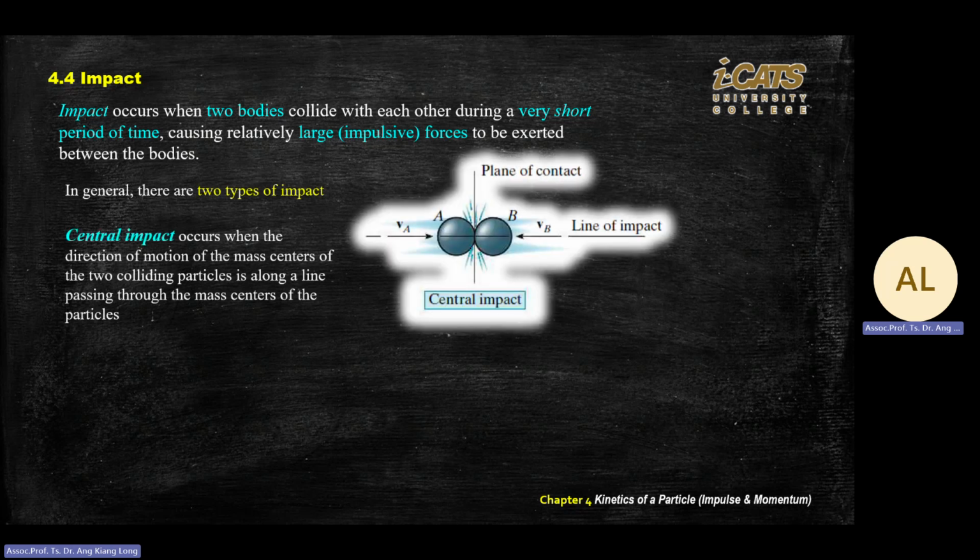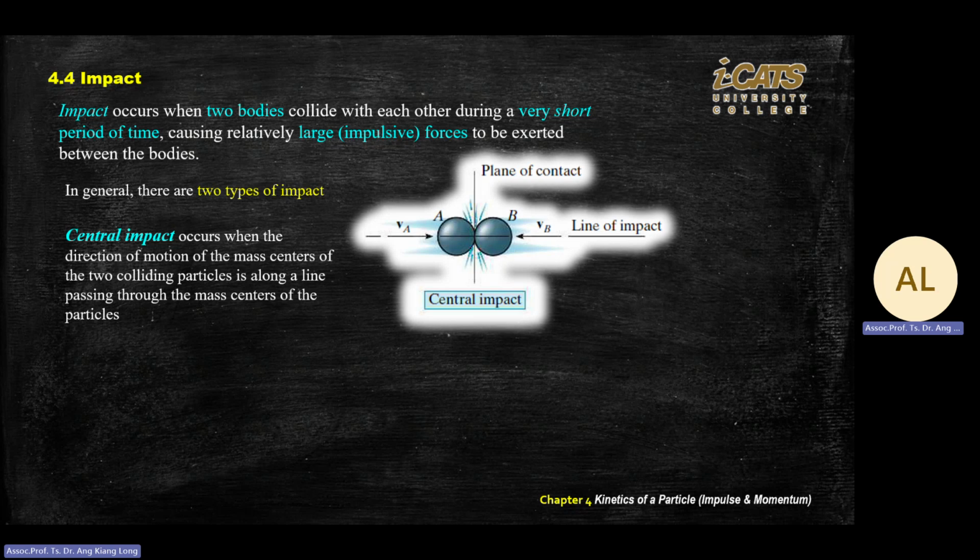Okay, so impact means two bodies hitting together, causing impulsive force between the two bodies. There are three types of impact. The first type is called central impact.